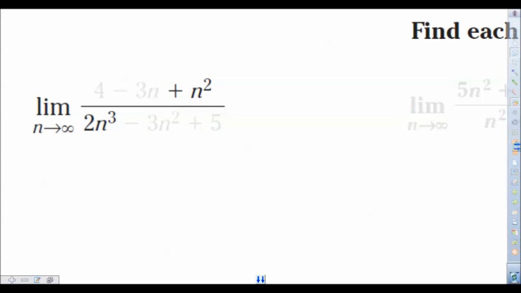And down below, the 2n cubed starts to take over. When you pit these two together, numerator and denominator, the denominator is what's going to take over and make this fraction get smaller and smaller. So in these situations, the limit as n approaches infinity is going to be exactly 0.